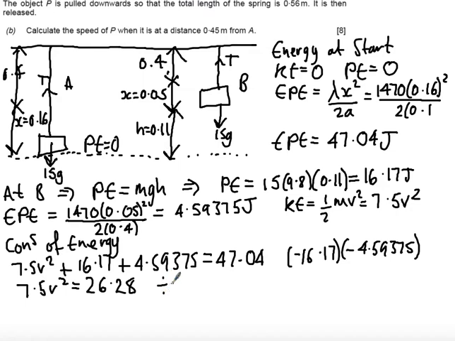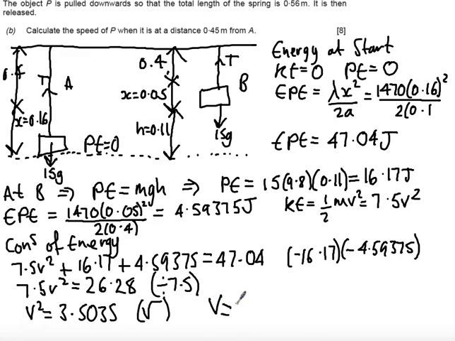Let's divide by 7.5. So now we get v squared is equal to 3.5035, and then if we take the square root of both sides, we get that the velocity is 1.87 meters a second to 2 decimal places.